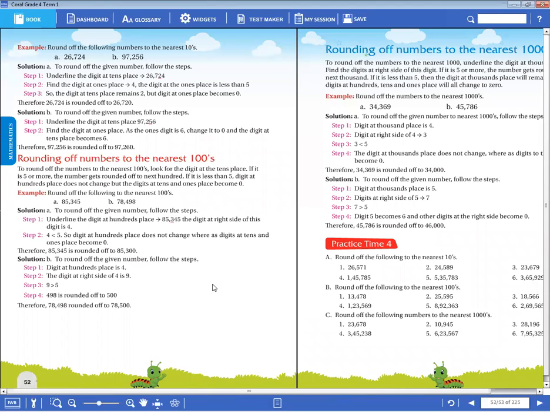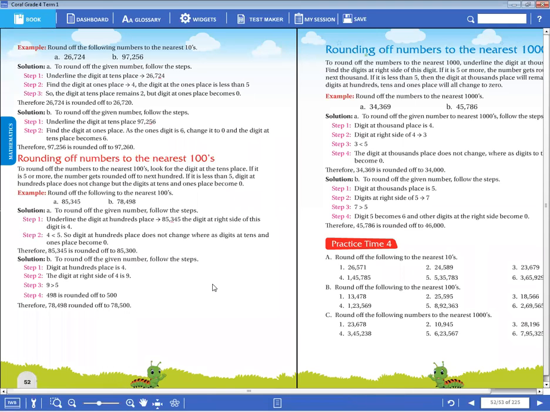Now, in this way only, when you are finding the nearest hundreds of the given number, you have to check the tens place, not the ones place here. You have to check the tens place and change it in the hundreds. They have said nearest hundreds you have to find out, so before the hundreds what will come?